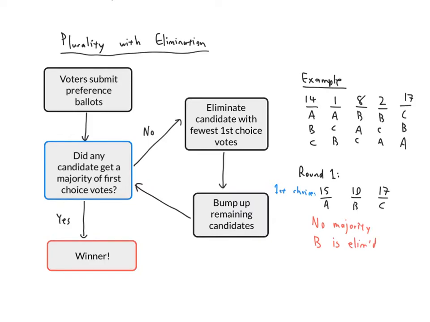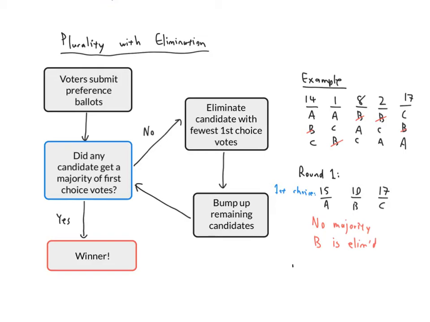And so we'll cross B off wherever it appears in the preference schedule. Since B was eliminated in that first column, for example, B was the second choice, but C essentially gets bumped up from third to second. In the third column, B was ranked first, but A and C each move up from second and third to first and second.